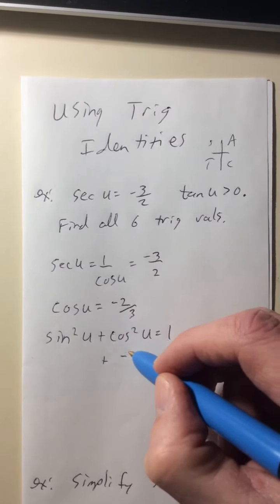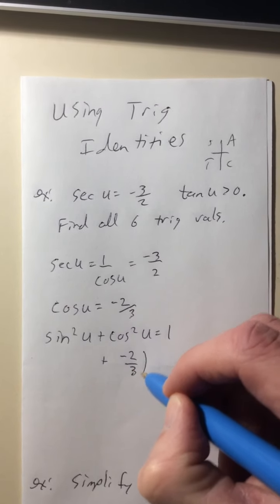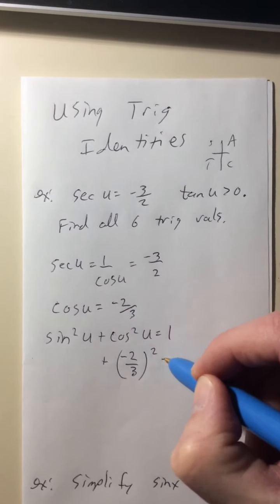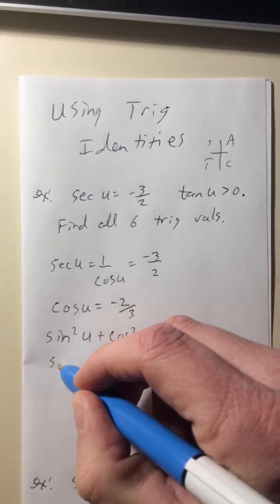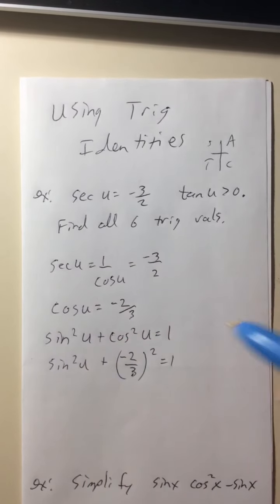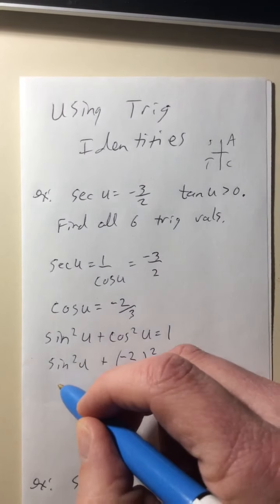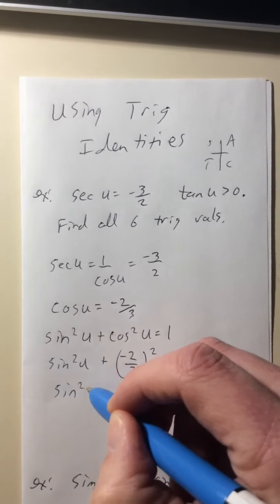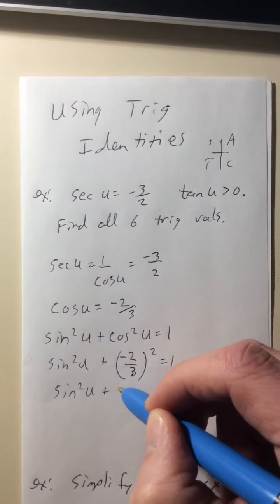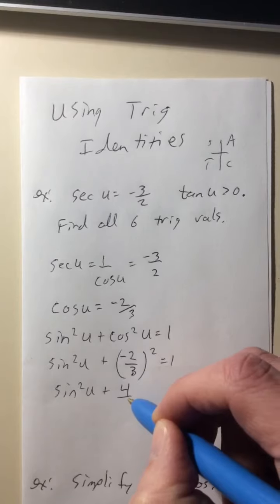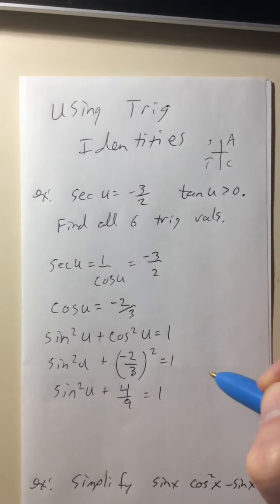So we have sine squared of u plus 4/9 equals 1.